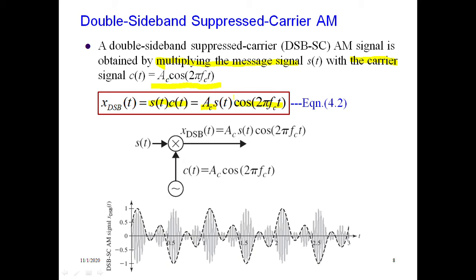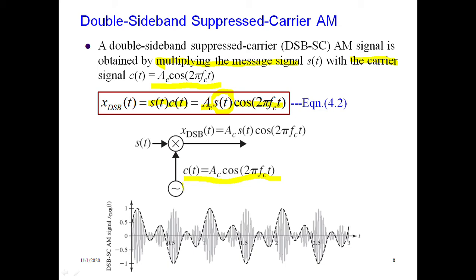So what is the signal? It can be anything. This is the s(t). s(t) is the information or message signal, and then we generate a carrier, which must be Ac cos 2 pi fc t.